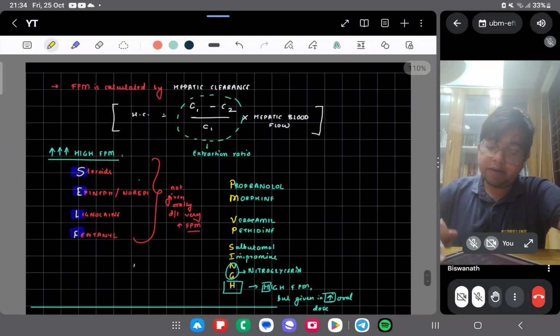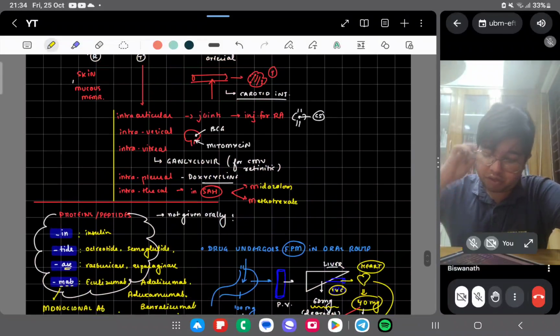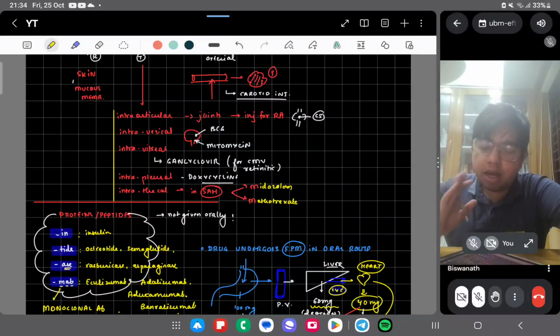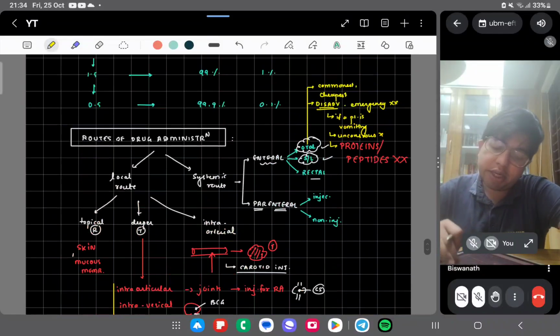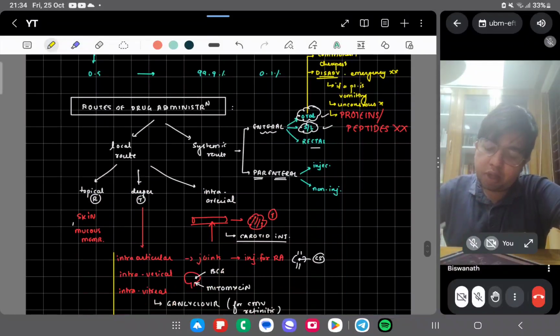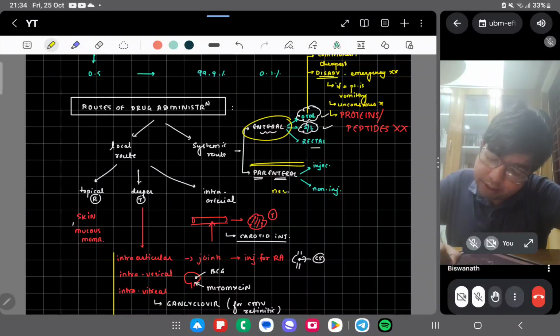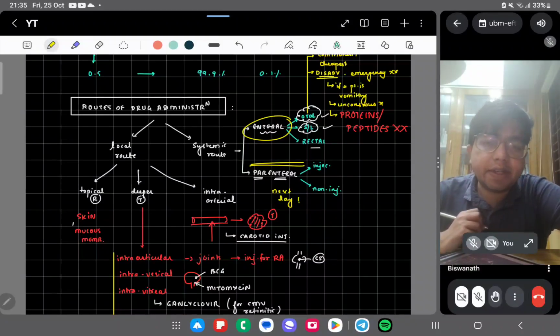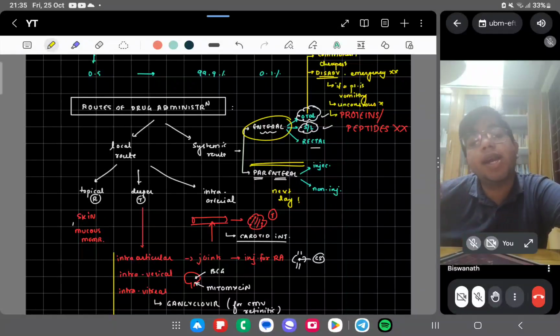So that completes what I have done today. This is our absorption one, the first lecture in general pharmacology, and we discussed up to the enteral route. From the next day, tomorrow or some other day, we'll cover the parenteral route: intravenous, intraosseous route, intramuscular injections, subcutaneous injections, and at what angle we'll inject.